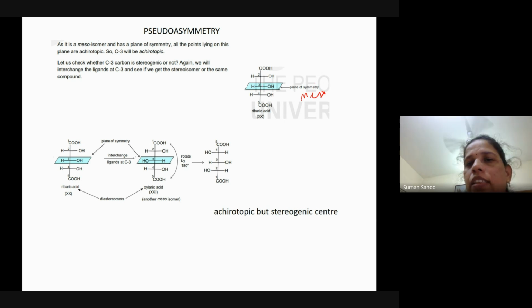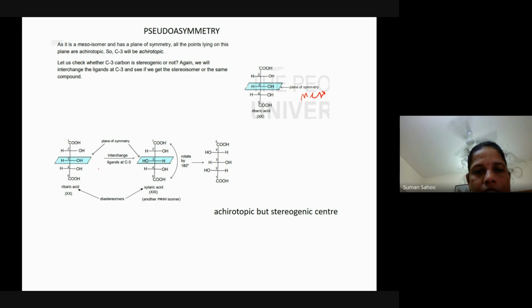So C3, as it is not in a chiral environment, would be achirotopic. Now let us see whether this C3 carbon is stereogenic or not. What we will do is interchange the ligands. Here hydrogen is on the left and OH is on the right.